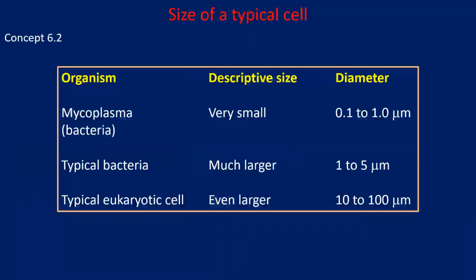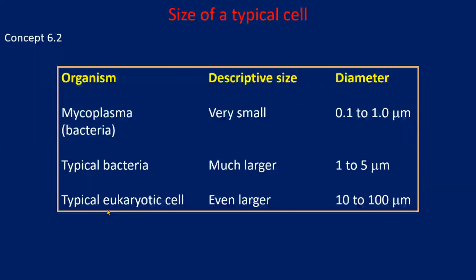So when you think about the cell, there are different cells, say bacterial or eukaryotic cell. This is mycoplasma, one of the bacteria. It's very small. The diameter of this bacteria is of the order of 0.1 to 1 micrometer. Then a typical bacterial cell is a little larger, and it could be 1 to 5 micrometer.